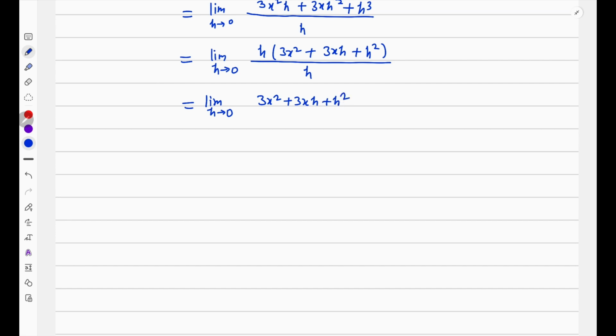We can substitute h equal to 0 in this expression, and then we'll get 3x square plus 3x times 0 plus 0 square, which becomes 3x square. So the first derivative will become 3x square.